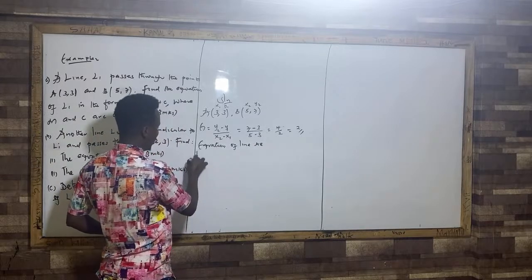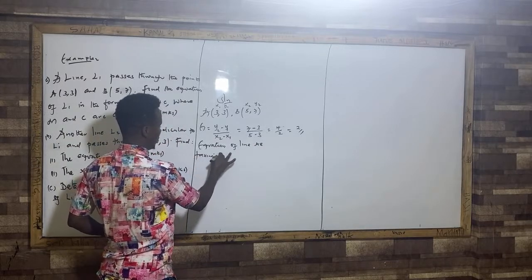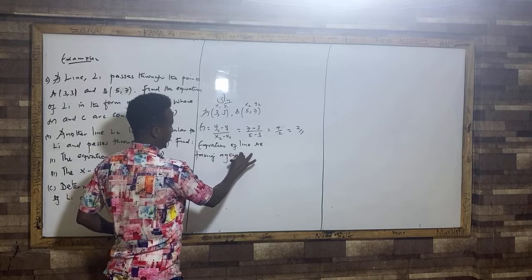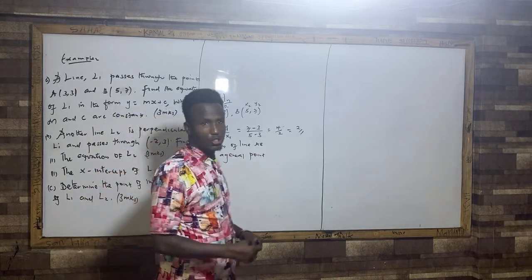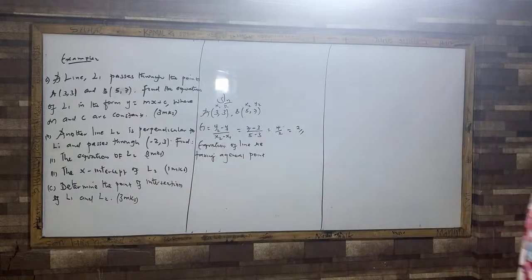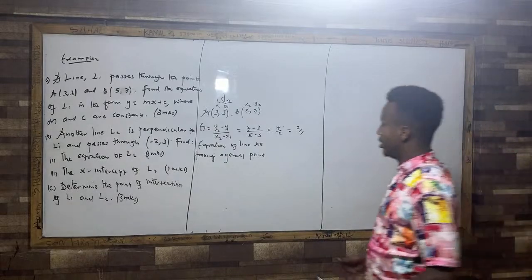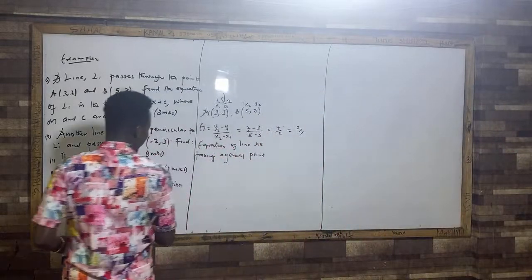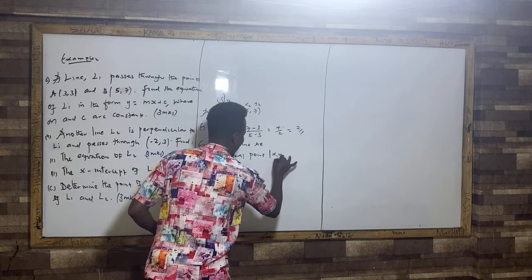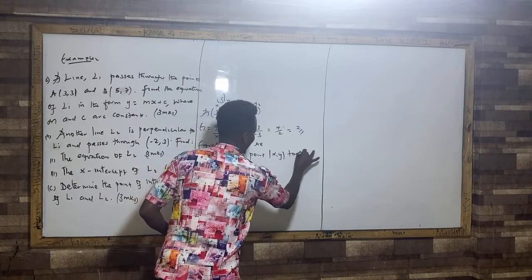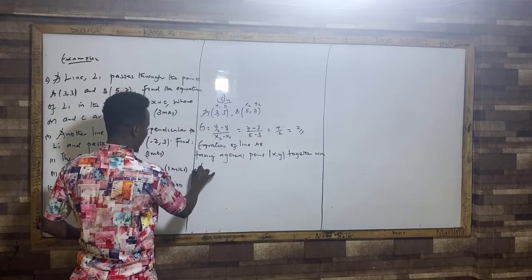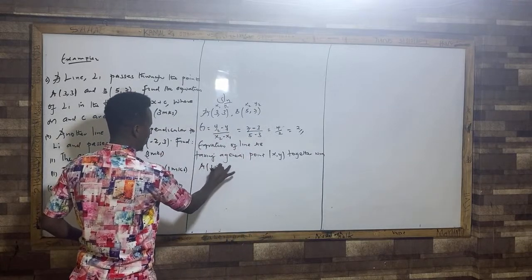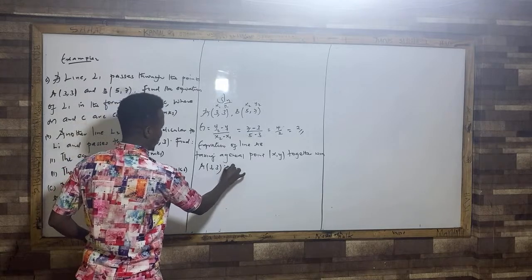Let me get the equation of line AB. I'll use a general point (x, y) together with one of the points (3, 3), and the gradient is 2.